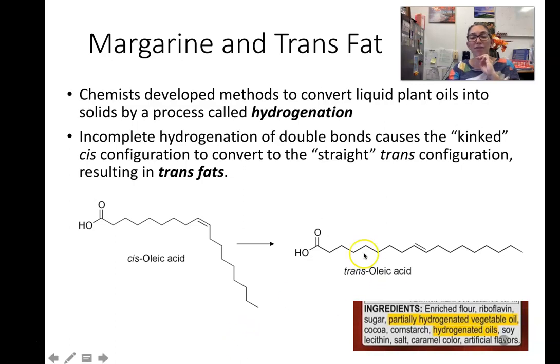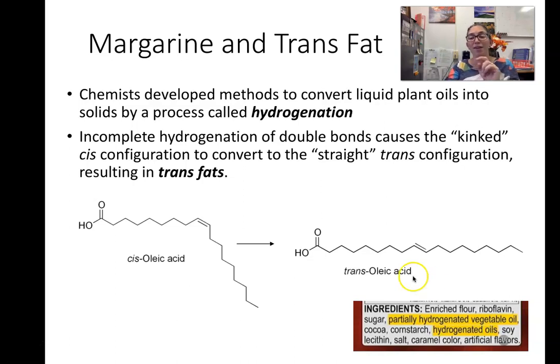So remember, trans fats are made by hydrogenating oil, by a process of hydrogenation of unsaturated oils. So look for ingredients that include hydrogenated oils, partially hydrogenated vegetable oil, hydrogenated oils, that's basically secret code for trans fats. So do try to avoid foods that contain those.